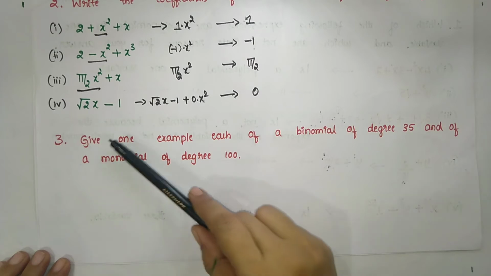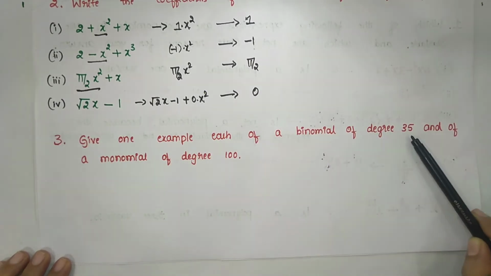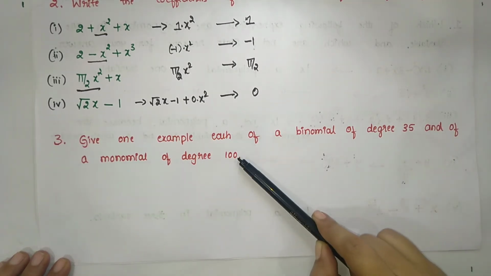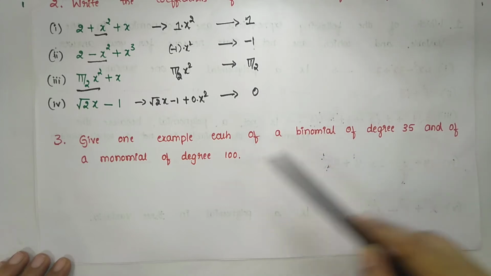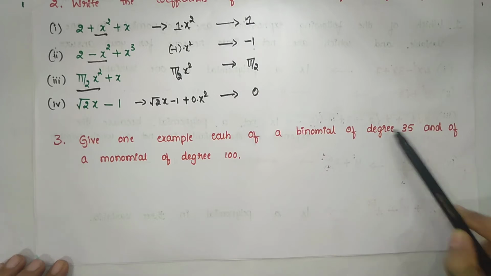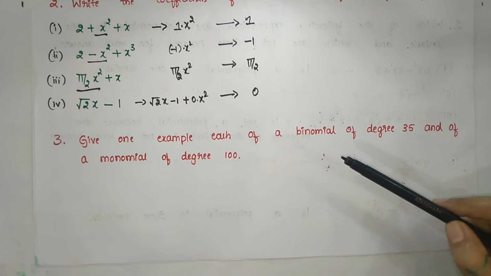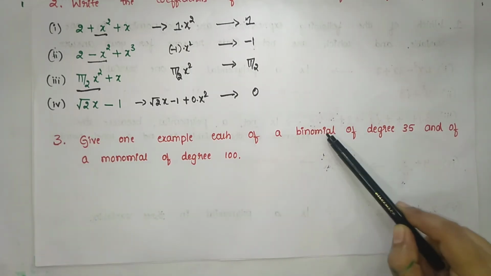The third question is: give one example each of a binomial of degree 35 and of a monomial of degree 100. In order to solve this question, first you should know what a binomial and a monomial are, and also about the degree of a polynomial. Based on the number of terms in the polynomial, polynomials are classified into monomial, binomial and trinomial.